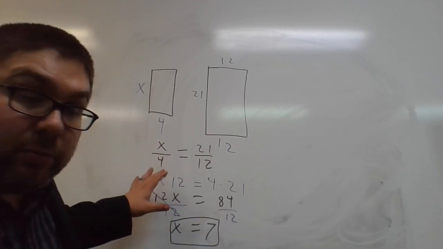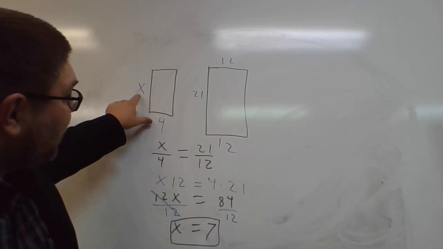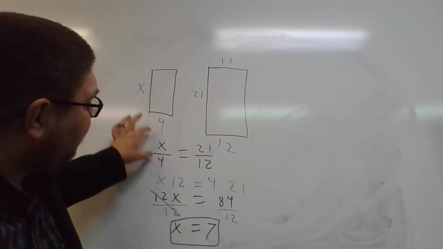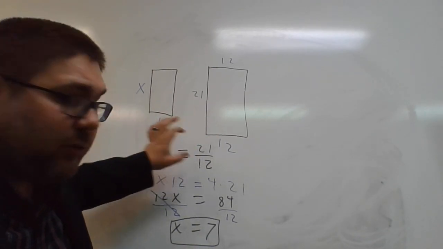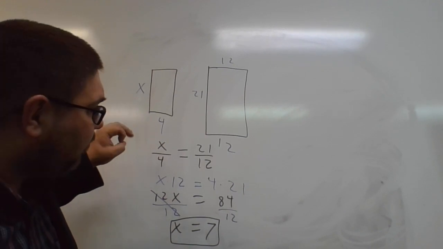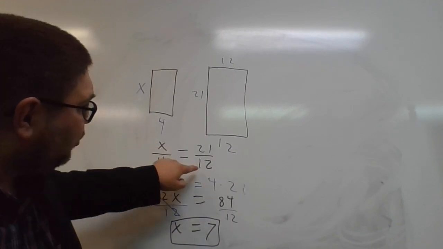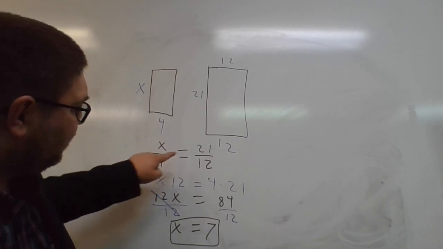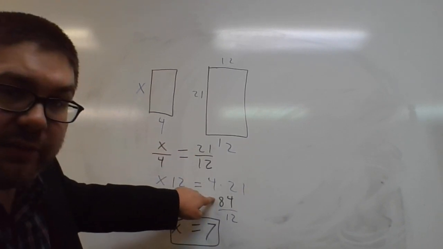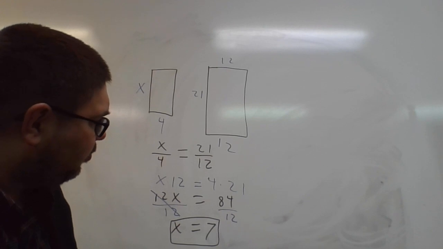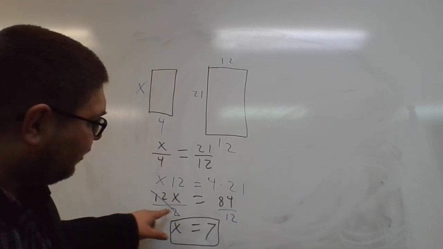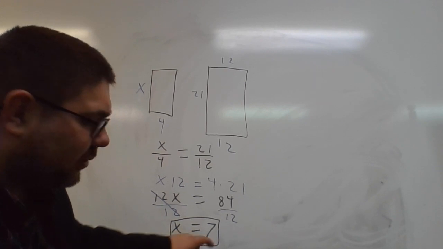So, one more time, I set up my fractions: x over 4, 21 over 12. Secondly, I cross multiply. 12 times x is 12x. 4 times 21 is 84. And then it's a one-step equation. Divide each side by 12 and we get x equals 7.